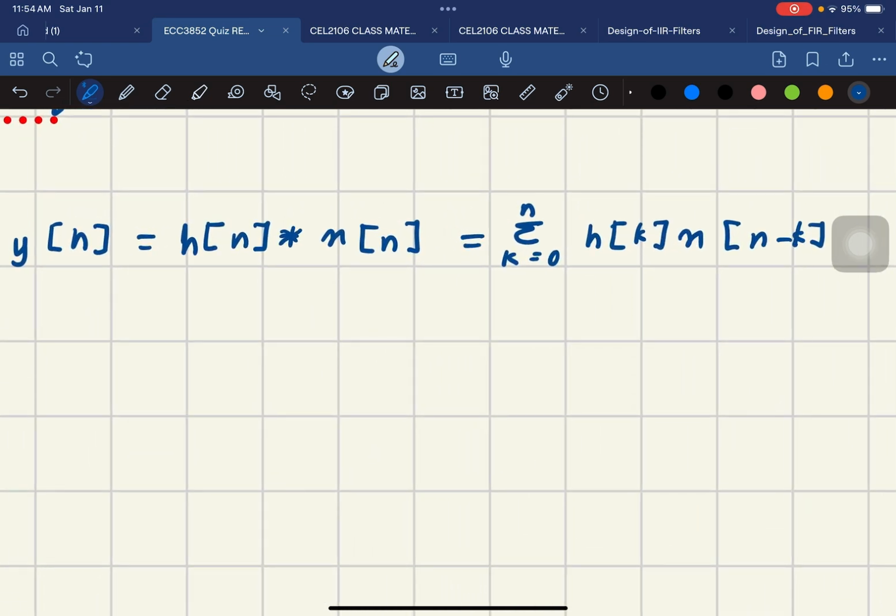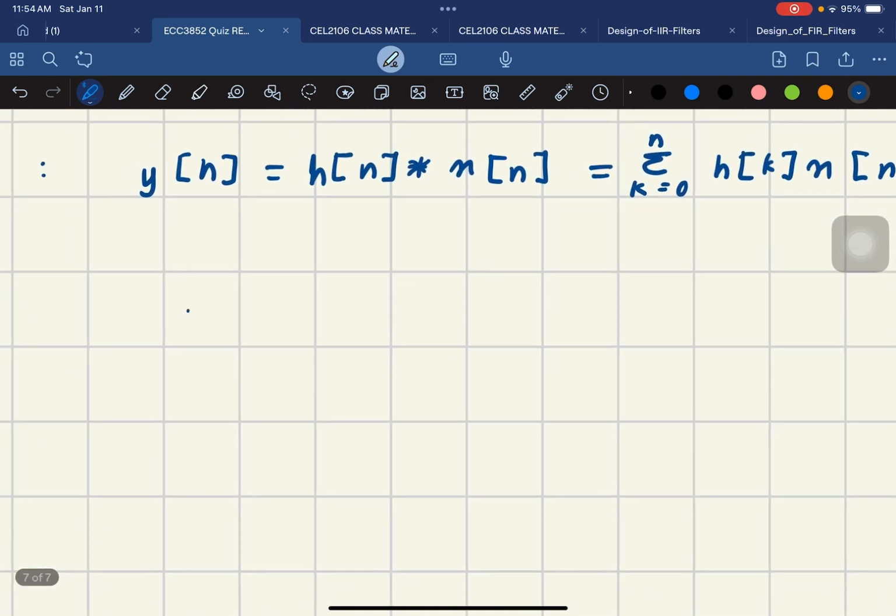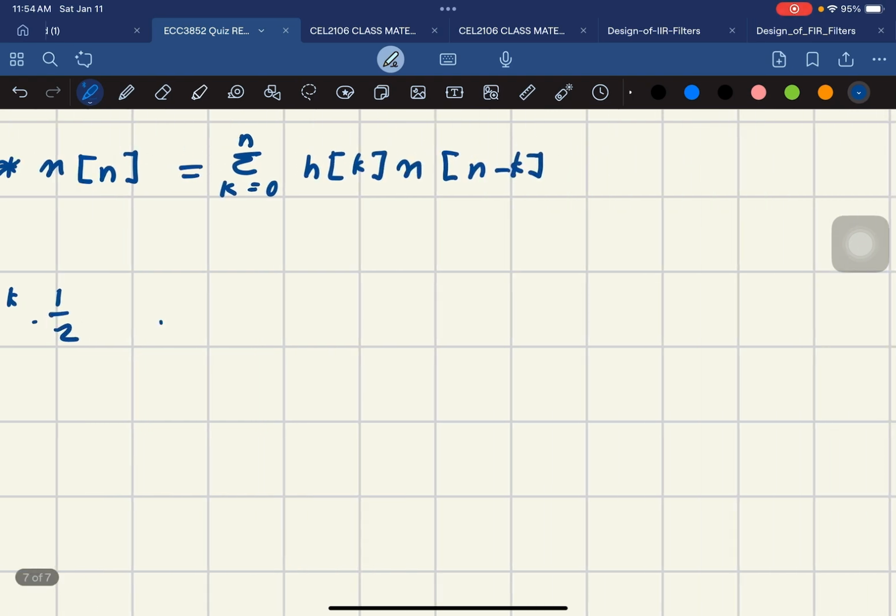So we will substitute hk that we got in question a, 1/2 times (1/8) to the k, and x of n minus k, which is from the input (2/3) to the n minus k.